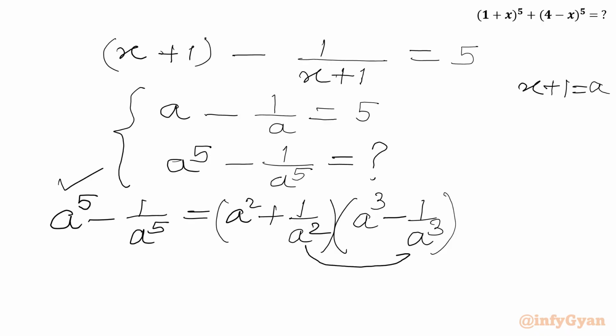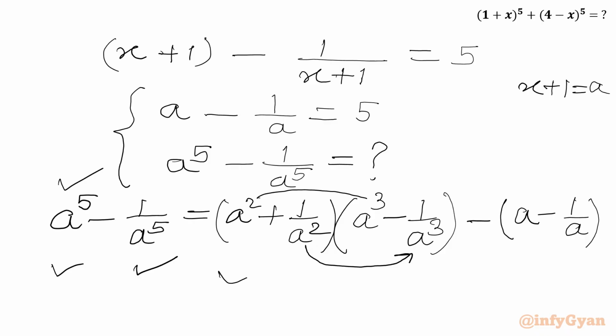If I multiply these two, then I will get -1/A^5. Now we have to only subtract the cross product term. 1/A² times A³ will give us A, and A² times -1/A³ will give us -1/A. So we will take away A - 1/A. So our target is to find out A² + 1/A² and A³ - 1/A³. This we already know, the value is 5.